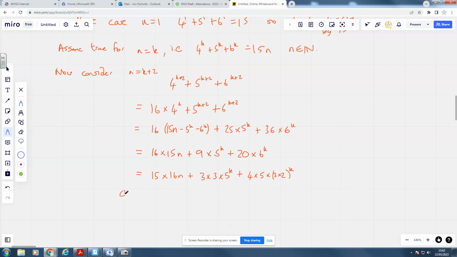Yeah, I'm just going to say now, clearly all three terms are obviously multiples of 15, since they all include a multiple of 3 and 5.